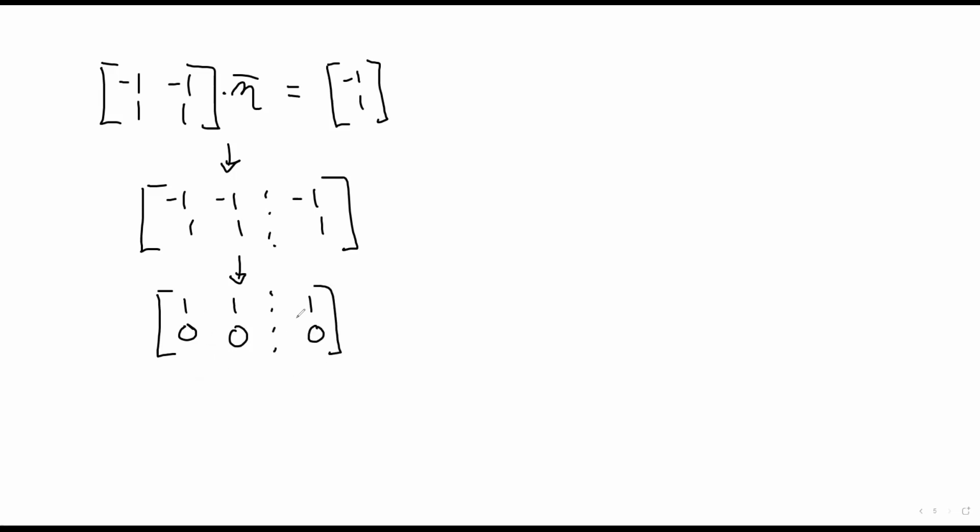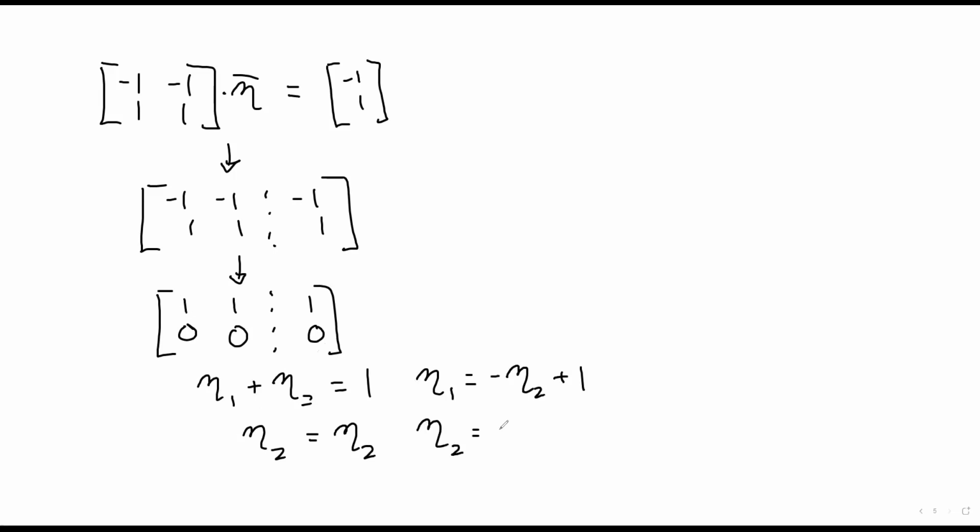From that, we can translate this back to our system format. So the coefficients give eta 1 plus eta 2 equals 1, and then eta 2 equals eta 2. That's our free variable. So eta 1 equals negative eta 2 plus 1, and eta 2 equals eta 2. Combine those, we get eta equals -1, 1 times eta 2 plus 1, 0.